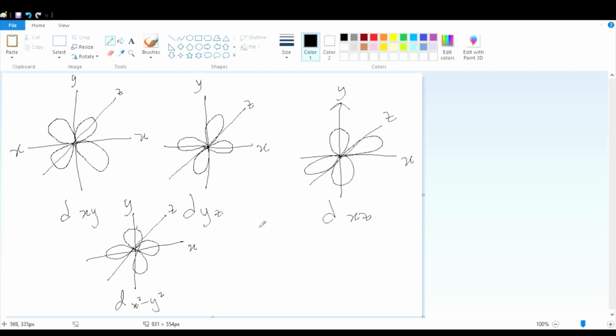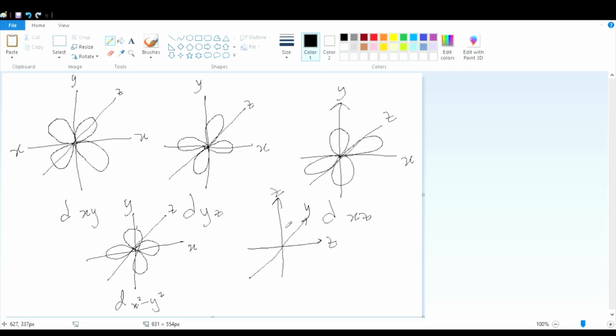Okay. And lastly, this is a bit different. I want to draw z over here, y over here, and x over here. You can exchange the axes actually.